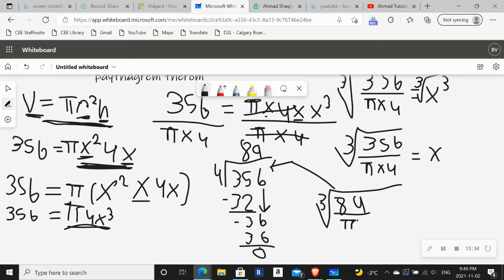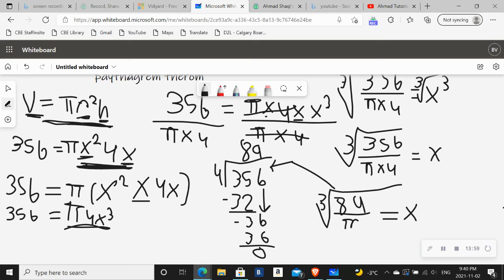And before you ask, why am I not rationalizing it? Because obviously you can still rationalize it, but it says in the question, you don't need to rationalize this one. You don't have to, because it's pi, and why would you want to rationalize pi cubed? That does not seem fun at all.